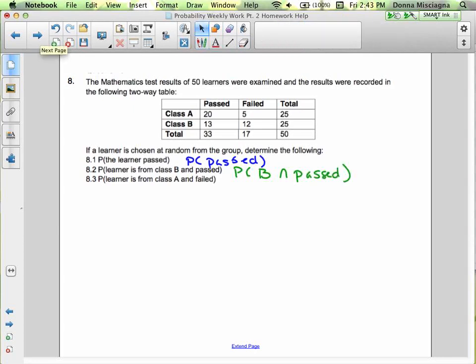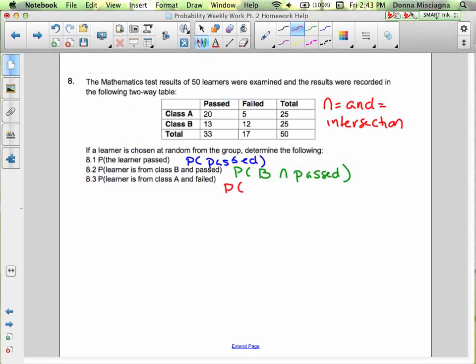So in that case, it's the intersection, because "and" will be the intersection. Where do those intersect? When you have a table. And learner is from class A and failed. Probability of A and failed.